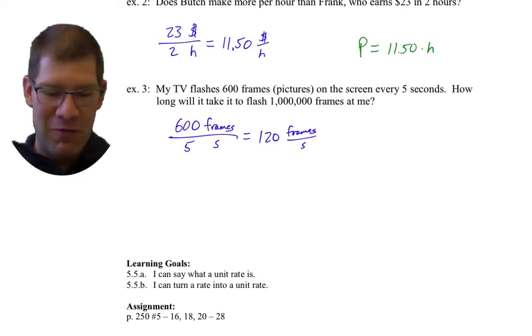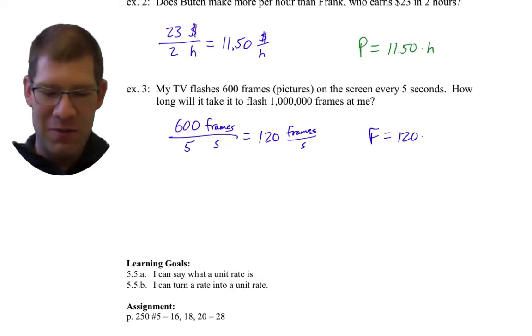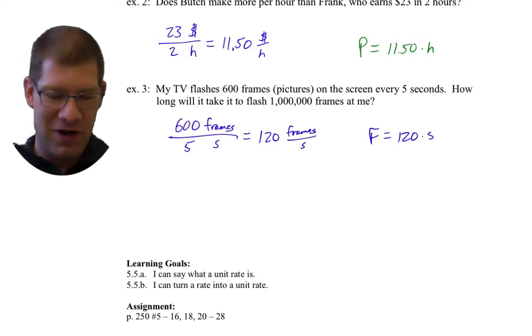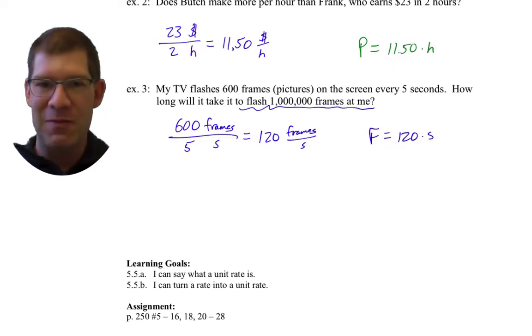So now if I want to do my rate formula, I could say my number of frames is going to be 120 times my number of seconds. I'll put S for seconds, tempted to do T for time, but that's going to be my rate formula. You could use this to solve and say, how long is it going to take to flash 1,000,000 pictures at me?